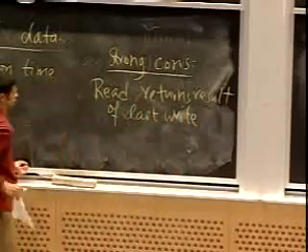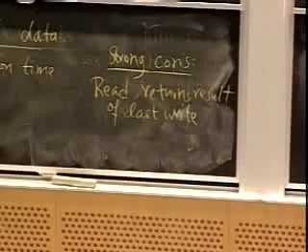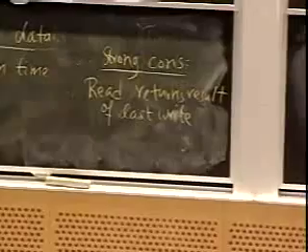So that's one notion of consistency, and a system provides strong consistency if you can ensure that every read returns the result of the last write that was done on the data.